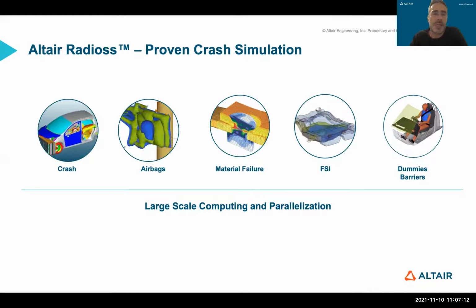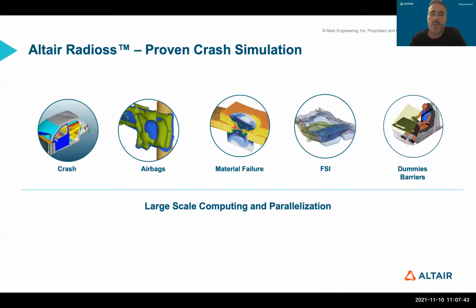It's really important, especially in the context of reduction of CO2 emissions, in the context of EV vehicles with new types of aluminum parts and battery cells, which are quite complex. So we really need to follow that, as well as the evolution of regulation. So we also provide sets of dummies and barriers to look at the safety of the car.